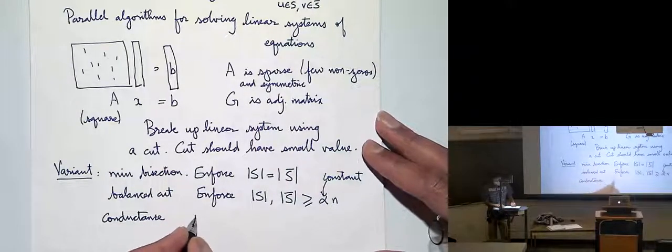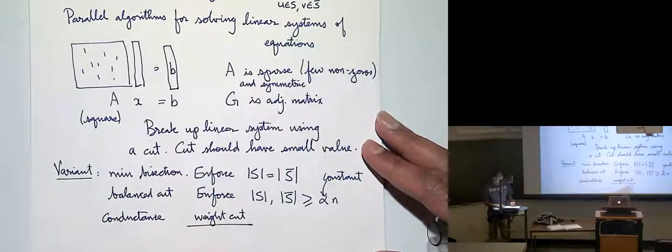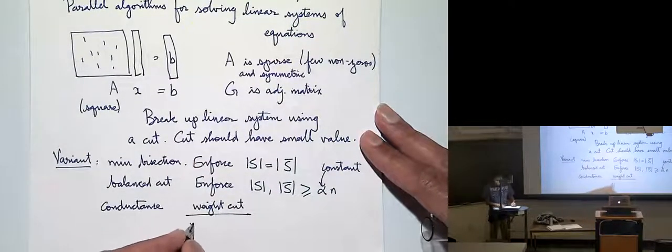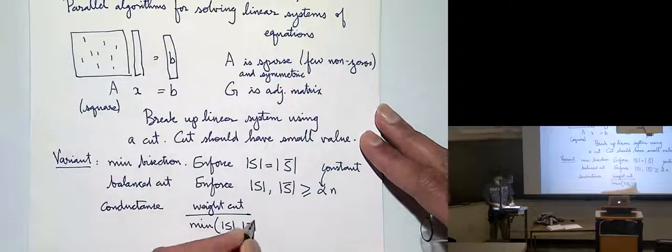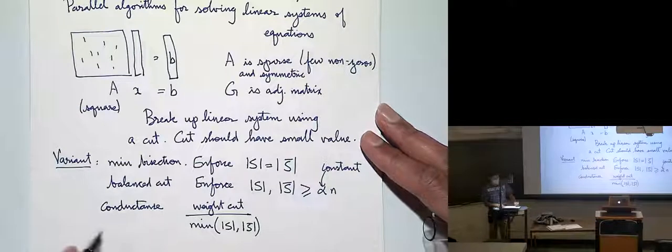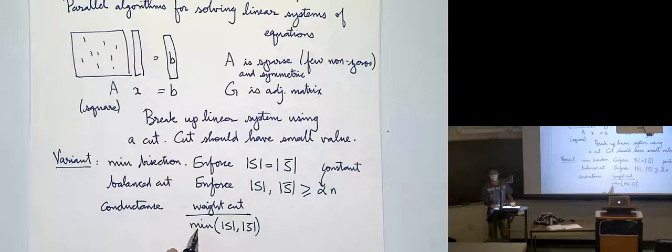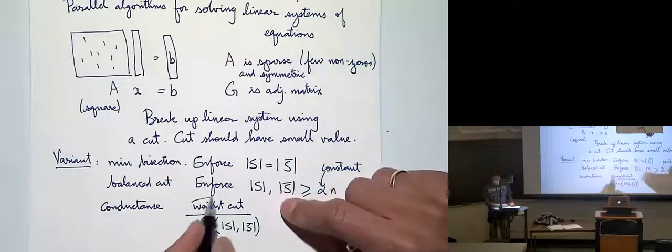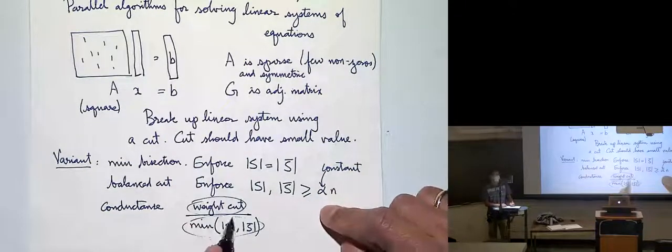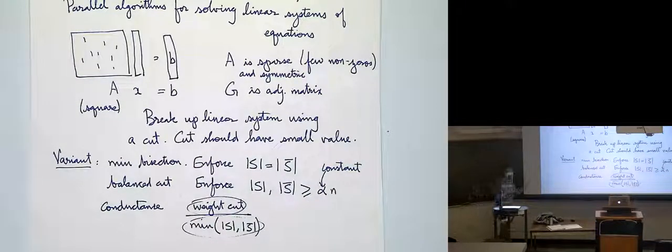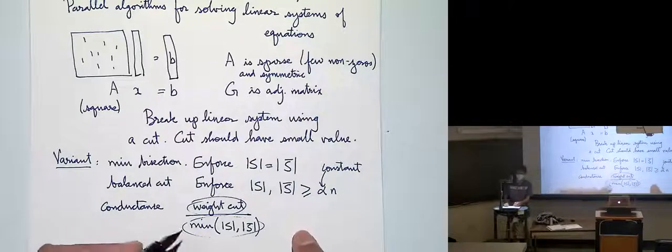You could say the weight of the cut divided by the size of the smaller portion. So what you want to do is normalize by how many things you're cutting out. So what you want is for this to be small and this to be large. You want to divide it into roughly even pieces, but you kind of normalize a different way.